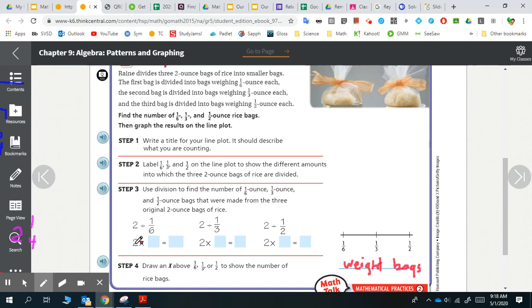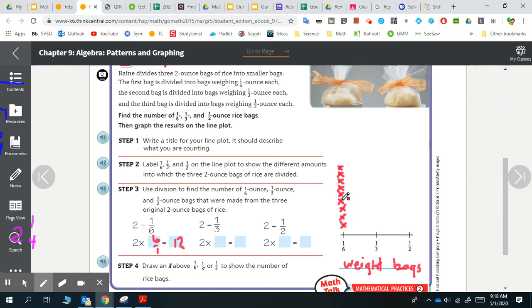So remember our keep, change, flip. So that would be flip to 6/1, which is 12. So I would need to draw 12 X's, okay, above this. And I know it's not going to look totally beautiful here because there's going to be a lot of them. But with our line plot, okay, that is what we would be doing to record our data.